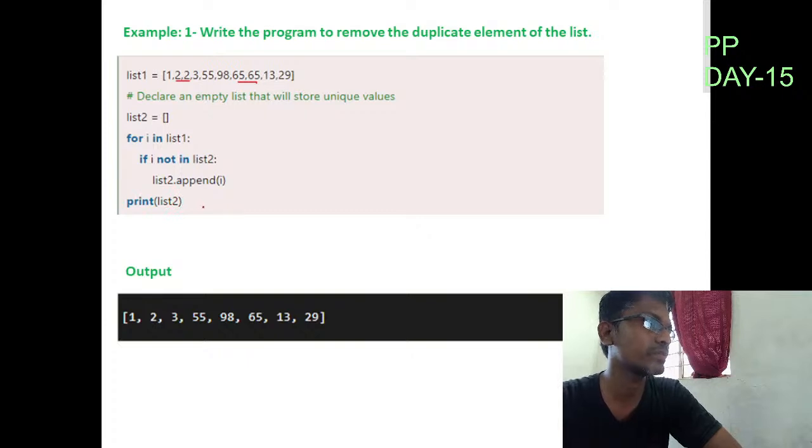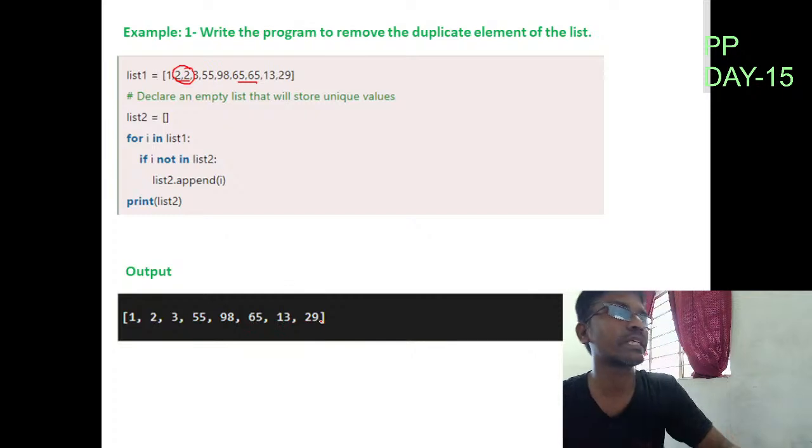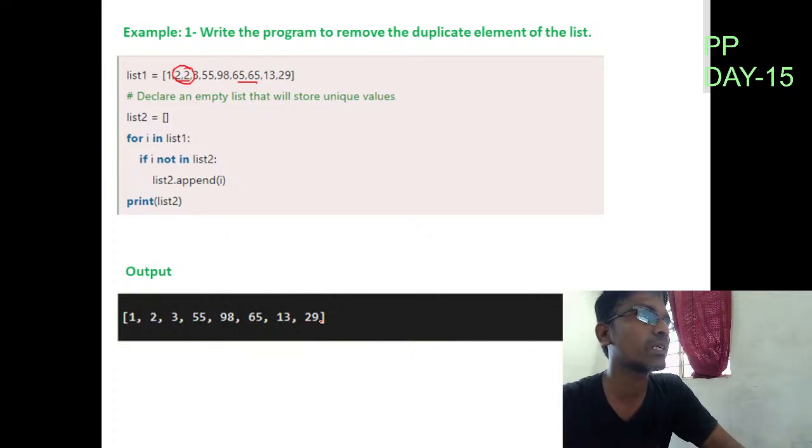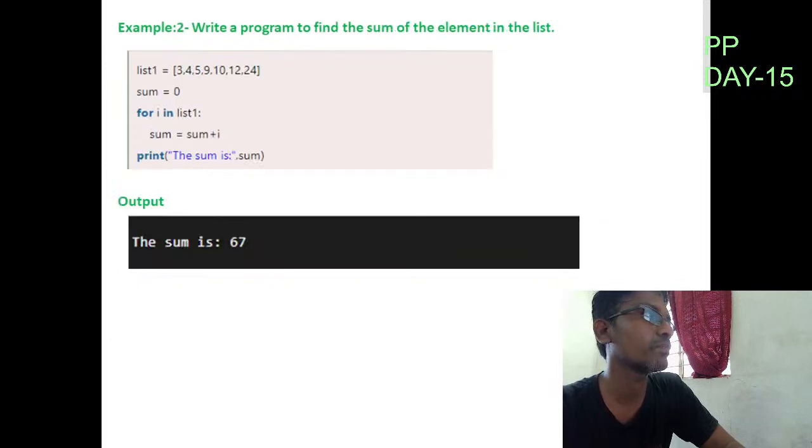So the duplicate entries are going to be removed in this example, and it will print the remaining numbers like 1, 2, 3, 55, 98, 65, 13 and 29. So we remove the duplicate entries by using the above program.